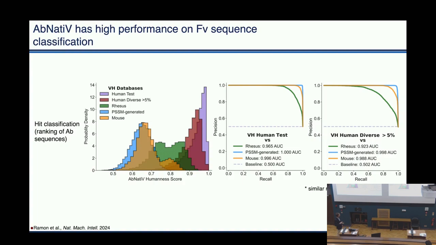For monkeys in green, mouse again. These blue ones are interesting. These are artificial sequences we make in silico. This is a control that few people do in the field of machine learning and AI, but I think it's very important. What we have done here is that we have made fake sequences using the human amino acid distribution.